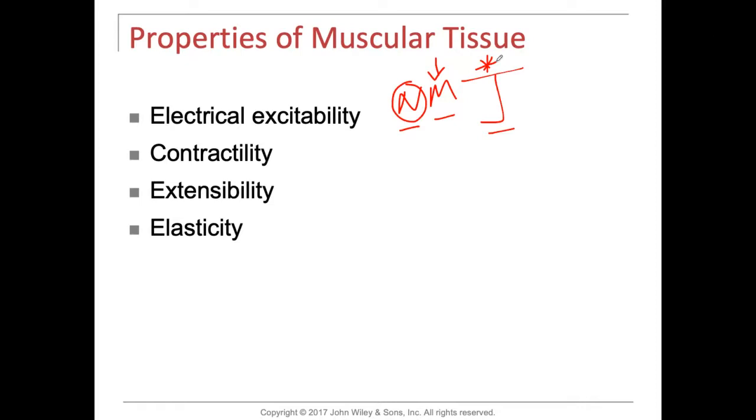There's going to be a lot of magical things that take place there that I will help you understand. Muscles have the ability to contract, contractility, and what we mean by that, again, is muscle tension. Extensibility, muscles have a degree of extensibility. Muscles can shorten and go back to their resting length, and they also have a degree of elasticity. Like a rubber band, it can stretch a little bit.